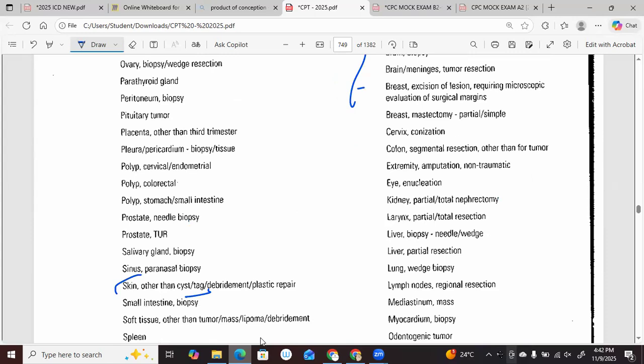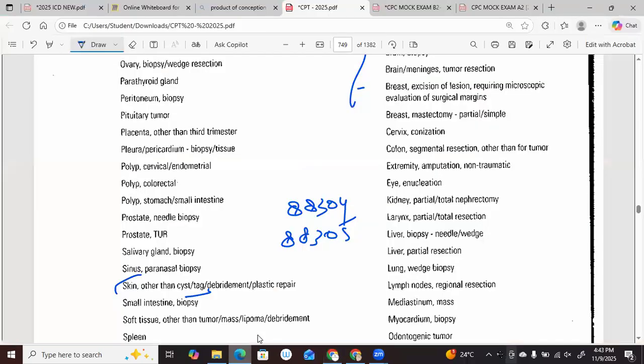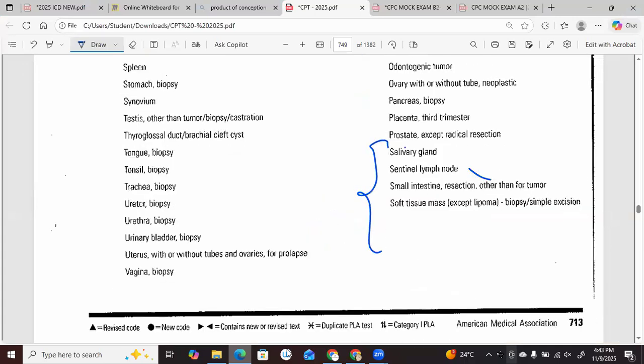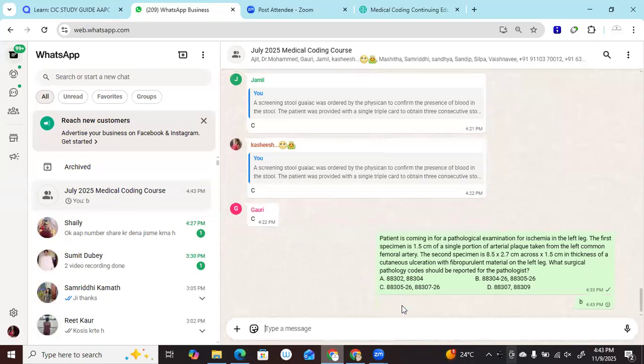So we can use 88305 as well as 88304. We cannot use 307 because in 88307 we have neither the artery nor skin. So the correct answer should be B.